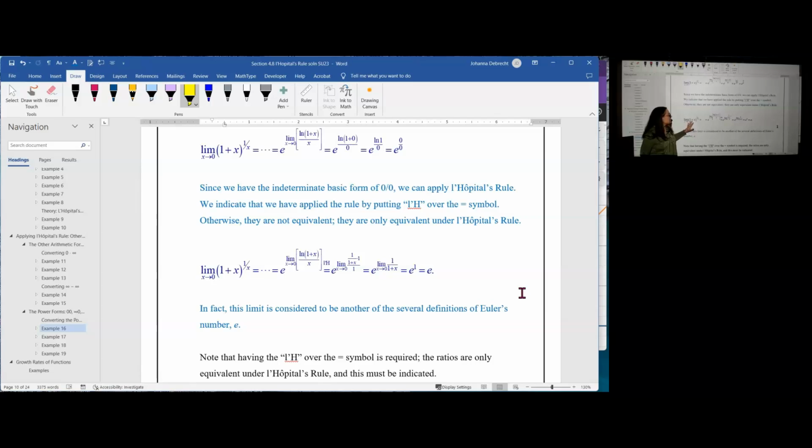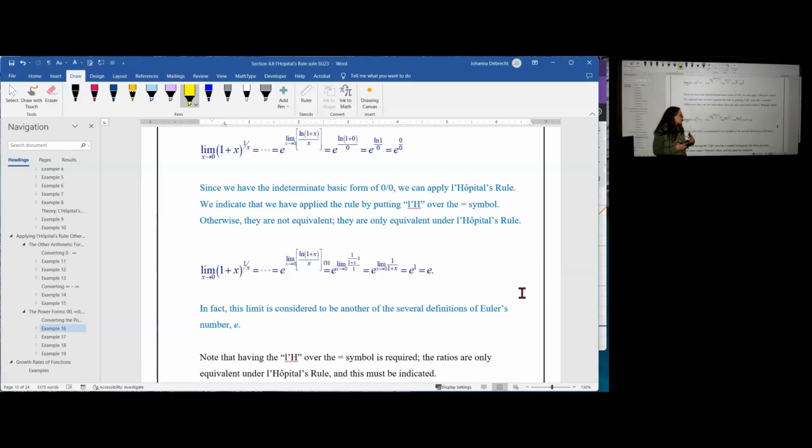In the next step, we apply L'Hopital's rule, taking care to put L'H over the step. The derivative of natural log is 1 over u du dx. And the derivative of x is just 1. After we have applied L'Hopital's rule and simplified, we again substitute the value of the limit into the function, which gives us e to the first power, or e.